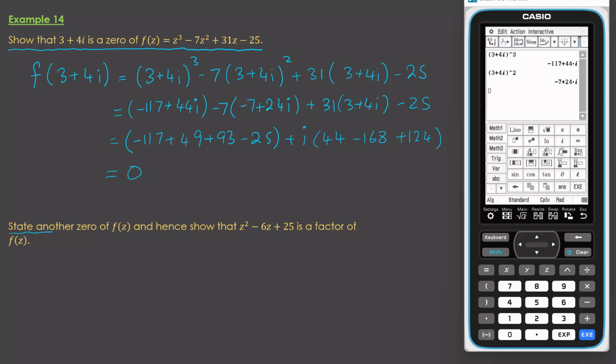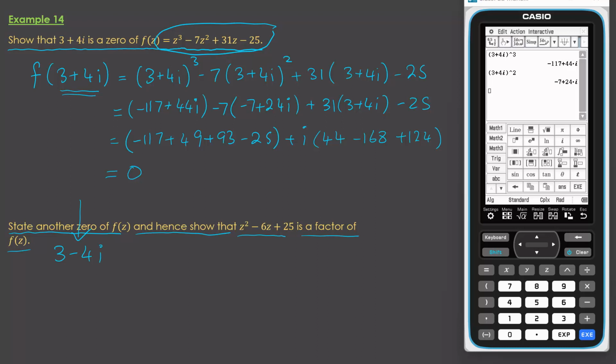We're asked to state another 0 of f of z, and hence show that z squared minus 6z plus 25 is a factor of f of z. Well, another 0 must be 3 minus 4i, given what we know about complex zeros occurring in conjugate pairs when all of the coefficients are real numbers.